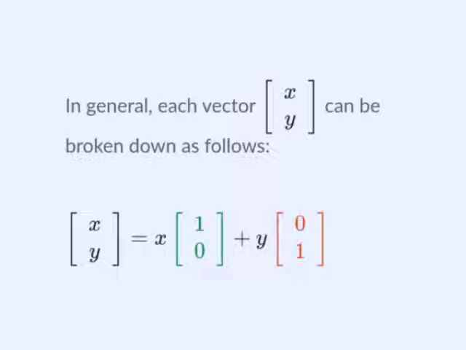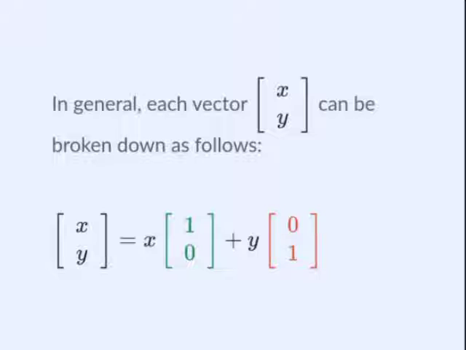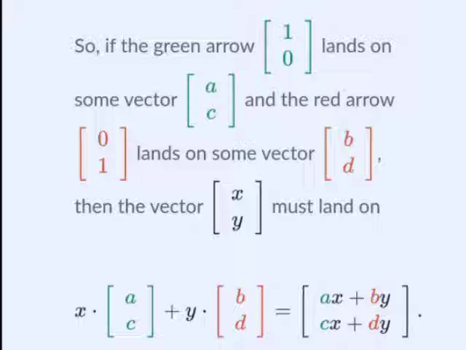In general, each vector xy can be broken down as follows. The vector xy is equal to x times the vector 1, 0 plus y times the vector 0, 1. We are using 1, 0 and 0, 1 because this is the standard basis of vectors. So if the green arrow 1, 0 lands on some vector AC and the red arrow 0, 1 lands on some vector BD, then the vector xy must land on x times AC plus y times BD.